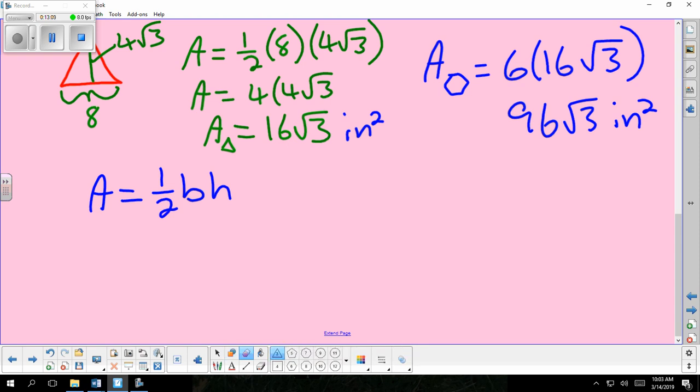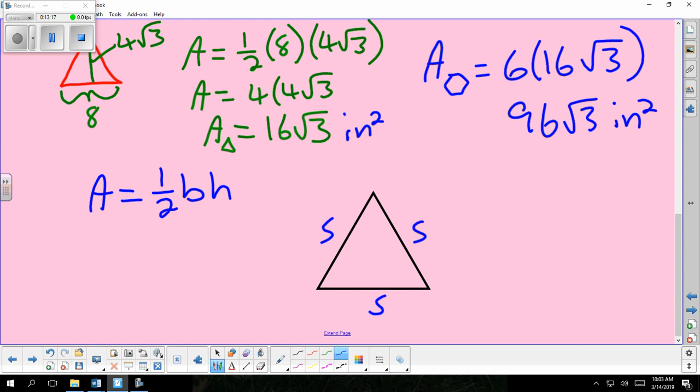Best we can. All right, so we have our equilateral triangle. And let's make this side length S. And we know all equilateral triangles have internal angles of 60. Right? These are all 60. So let's use this formula for the area of a triangle to compute an area formula that just relates to the side length.